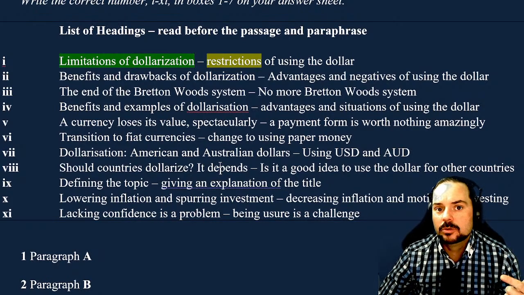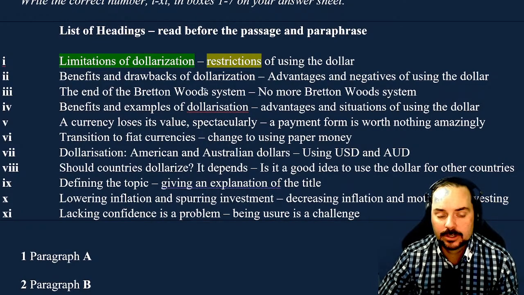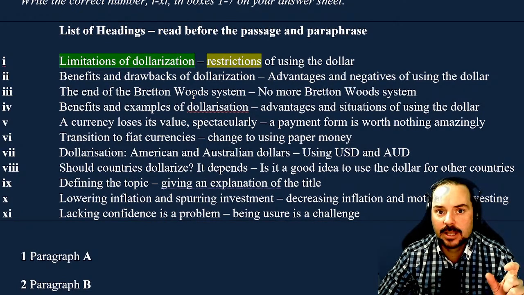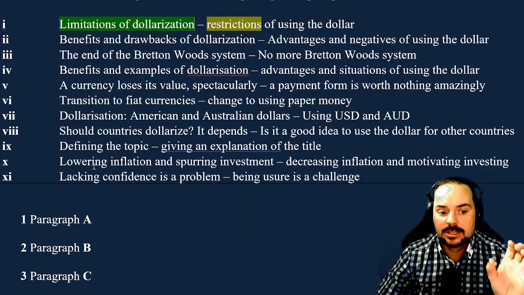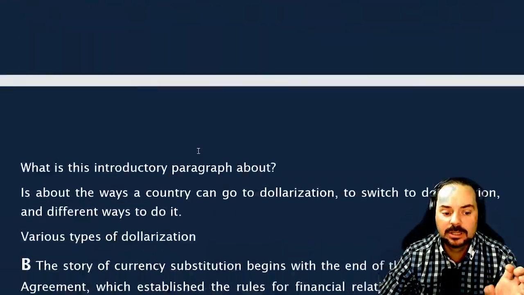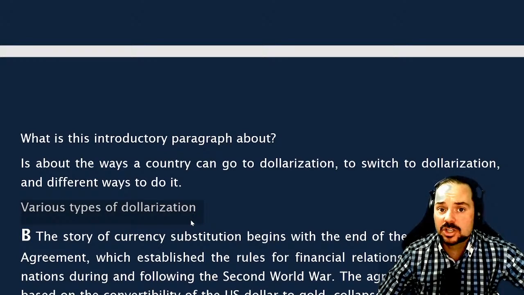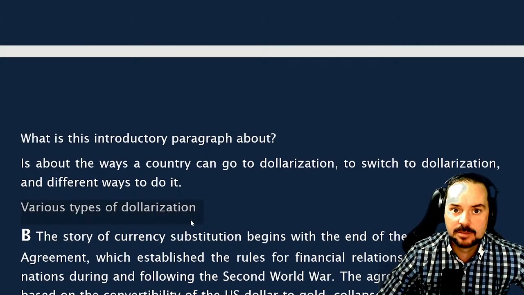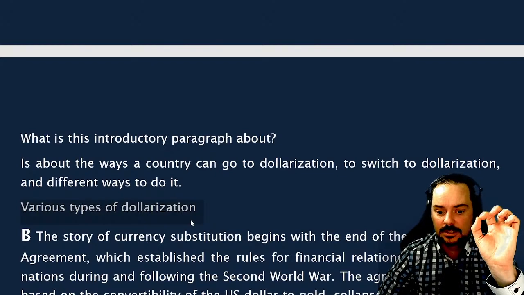And point number 2 is the answer that you choose from your list has to accurately match your answer, not just a part of it, and it can't have extra pieces like Australian dollar or benefits. Defining the topic is the only answer that accurately matches various types of dollarization, because various types of dollarization is the definition of the topic. Do you see how that connects?